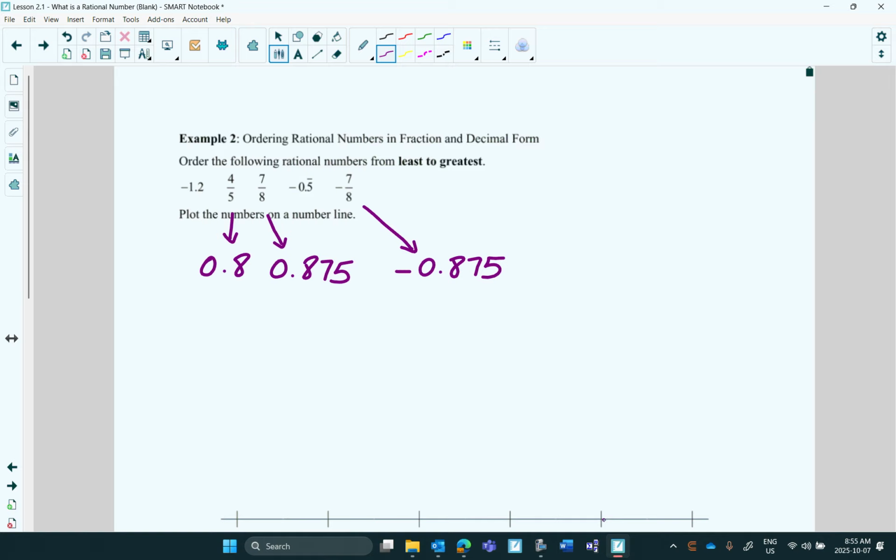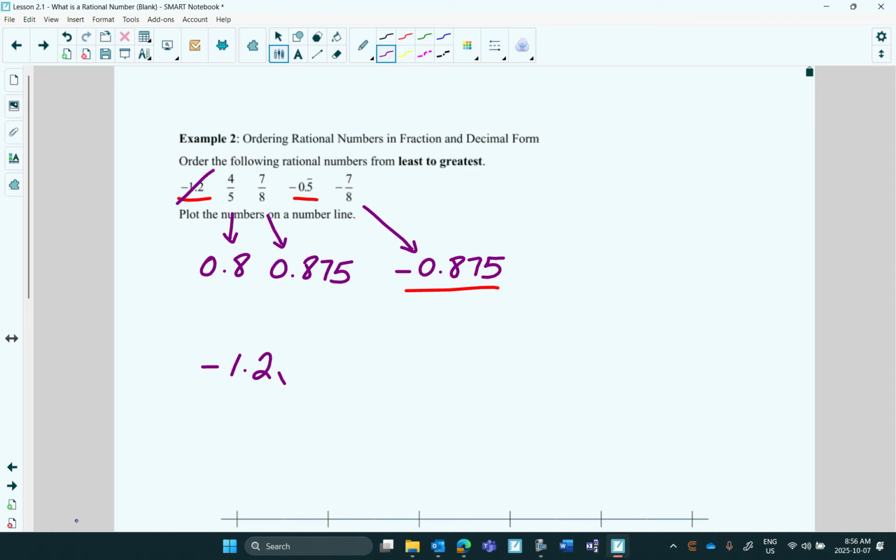So I've got to look at this one, this one, and this one. Which of those is the smallest? Ava. Negative 1.2. That one's right.